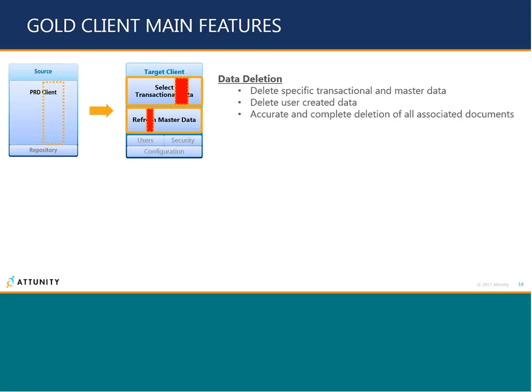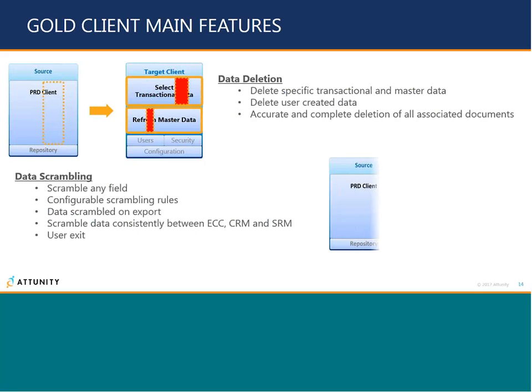So if a customer phones in that hasn't done any business with you for quite some time and says, I would like to be forgotten, instead of having to refresh all of your non-production environments, you can simply delete them from those non-production environments. And it will delete all data related to that customer.